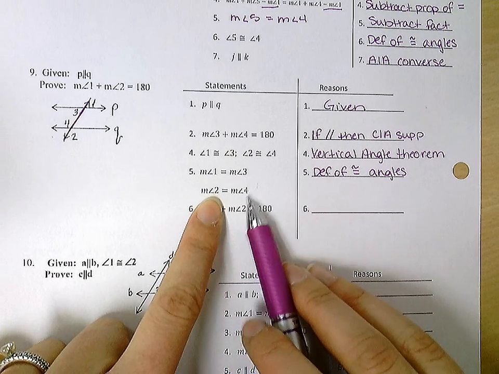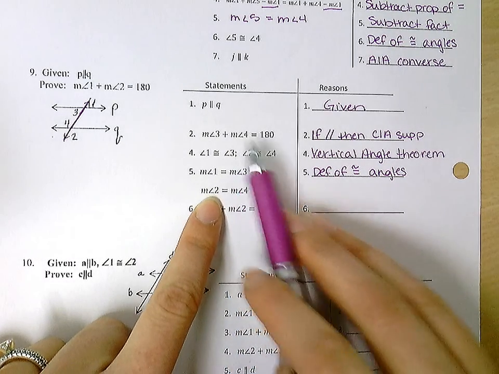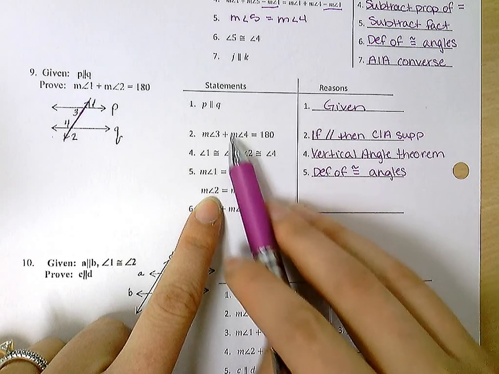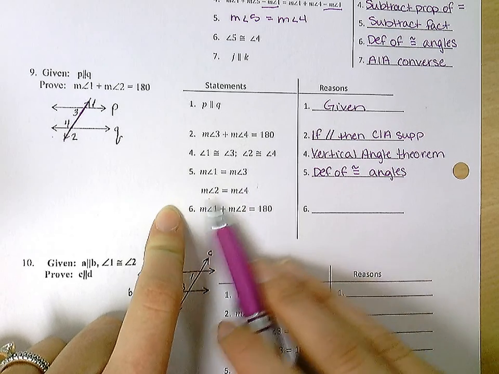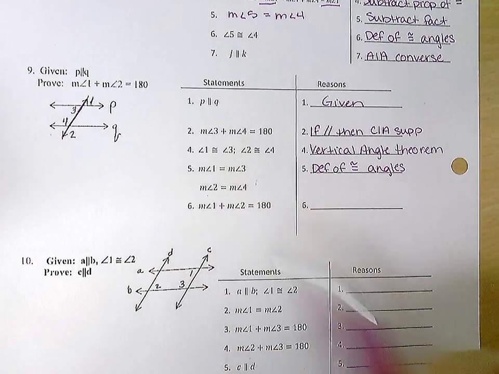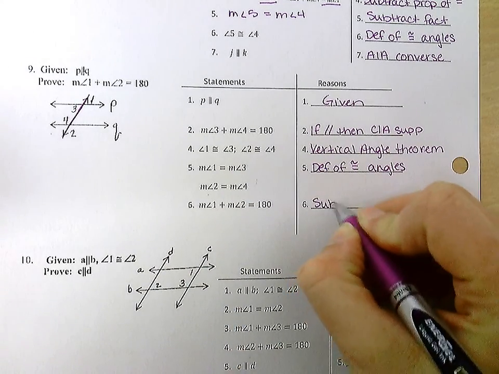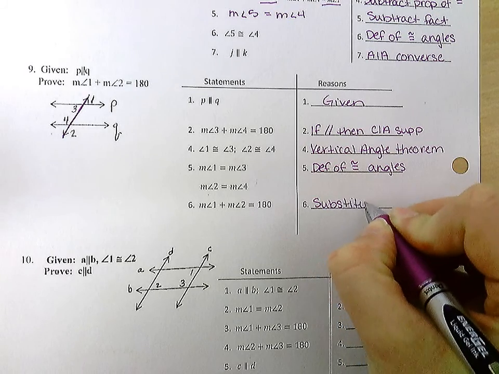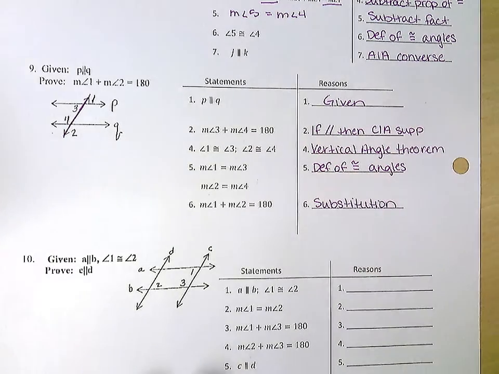Here I have 2 is equal to 4. So instead of 4 in that statement, I could replace it with 2. When I replace those values, that is substitution.